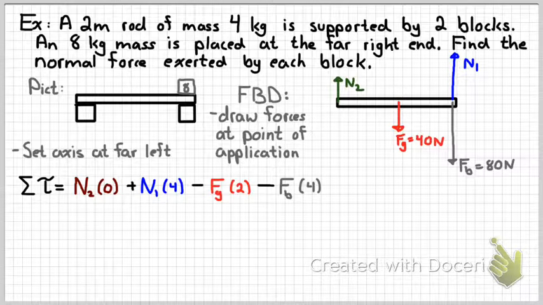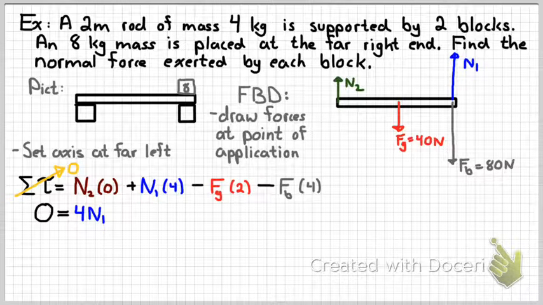We've chosen N1 to exert positive torque because it's tending to rotate it counterclockwise. FG and FB are exerting negative torque because they tend to rotate it clockwise. The reason we choose that axis is so that N2 goes away in our equation. We're going to set the net torque equal to 0, since it's not rotating.